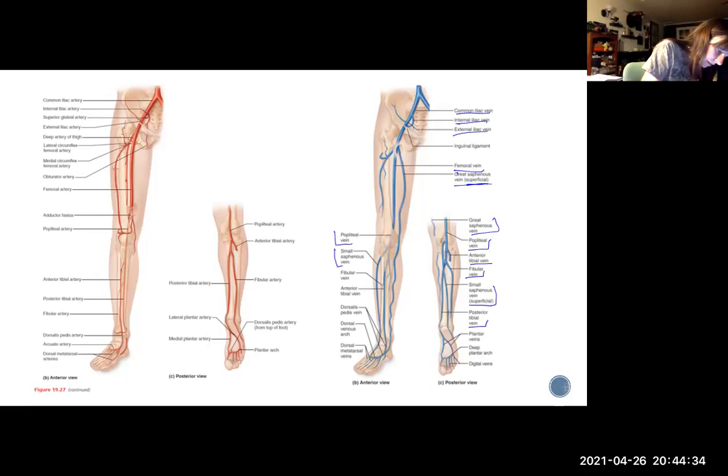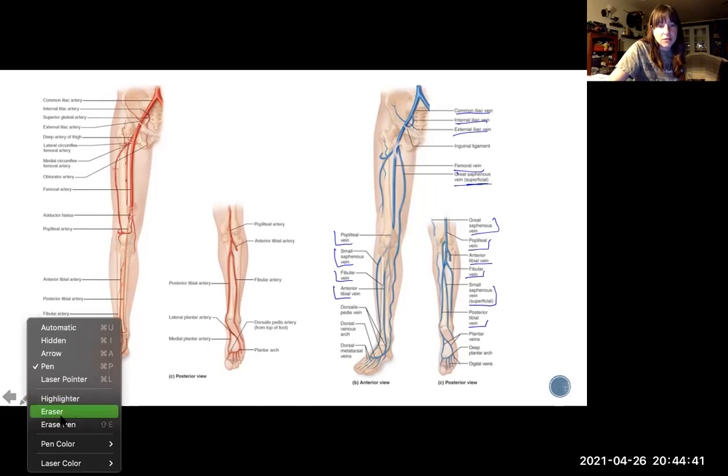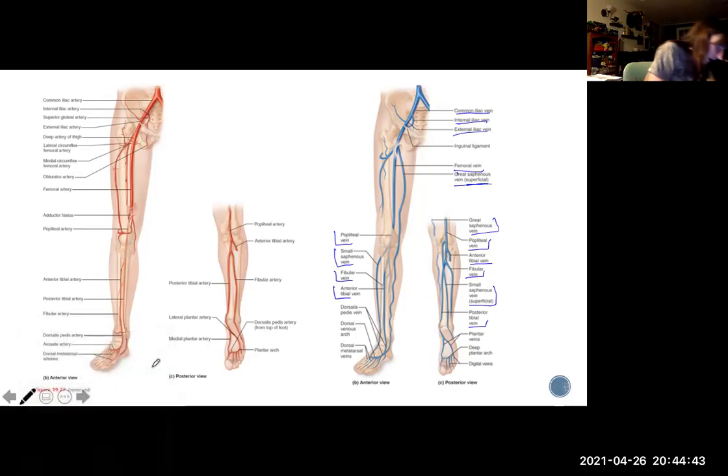There's popliteal, small saphenous, fibular, anterior tibial. And on the arterial side, we've got the common iliac, internal iliac, external iliac, femoral, popliteal, anterior, posterior tibial, and fibular.